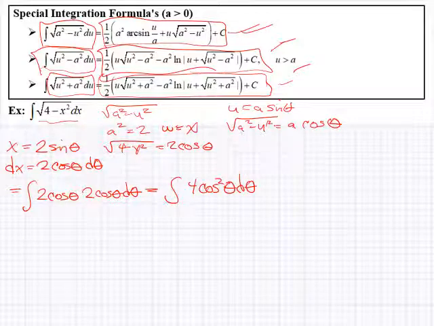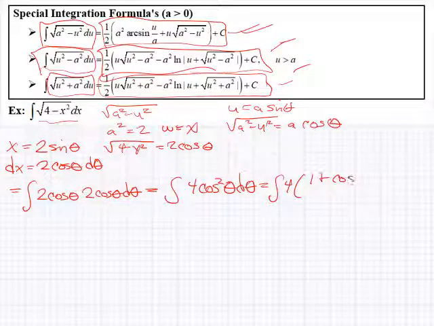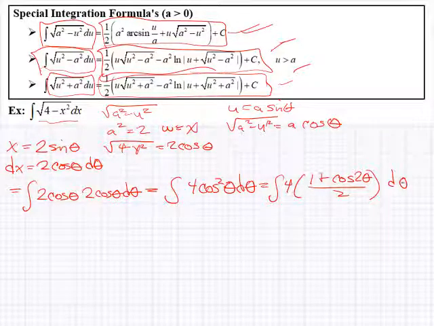Well, this is cosine to an even power, so we're going to have to use our power reducing identity. So that'll be 1 plus cosine 2 theta over 2 d theta, in which case I'm going to split this apart. I'll also distribute the 4 into both of them, just to make it easier.